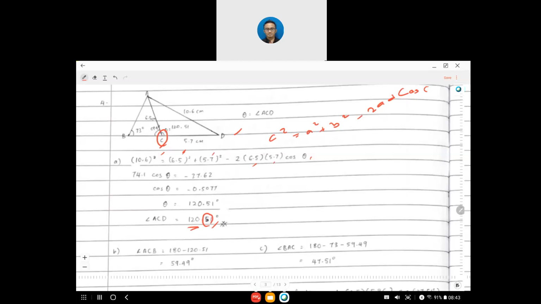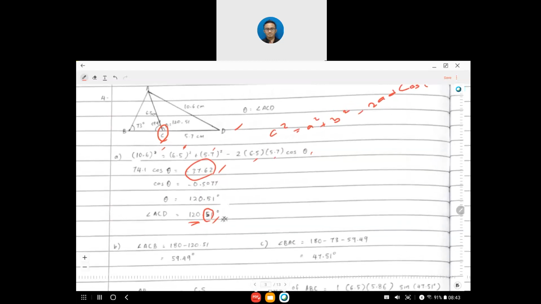It depends on how many decimal places you take here. Make sure you take at least 4 decimal places. If you take fewer decimal places, your answer may not be accurate. Make sure you take at least 4 decimal places in your calculations.